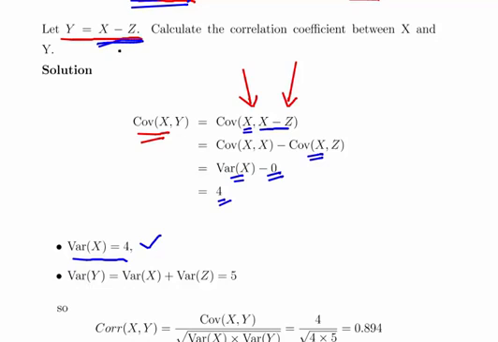That's important. That is not a typo. It's plus there. If you add the sums, x plus z, you'll do the same thing. It will have the same variance. So the variance of y is 4 plus 1, which is equal to 5.